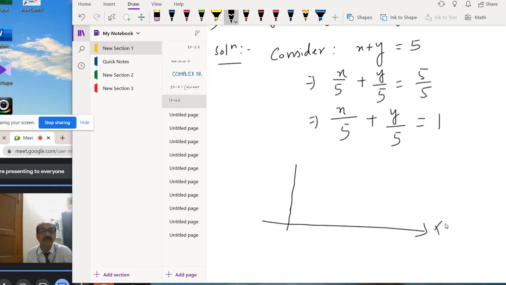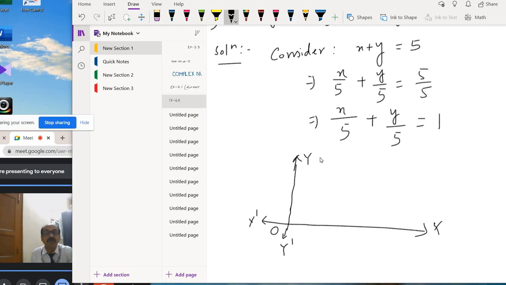This is x, this line is y, x-axis, y-axis, and this is the origin O. Okay, this is y dash, negative side, and this is x dash.